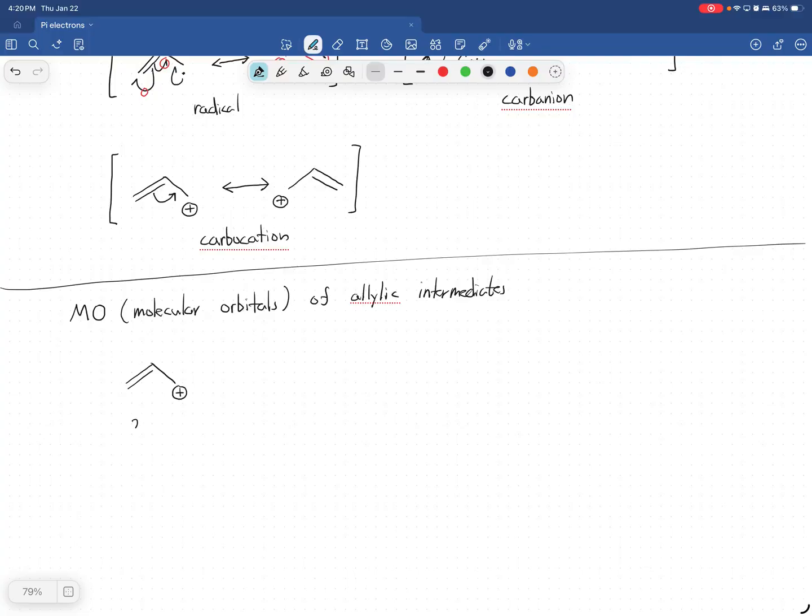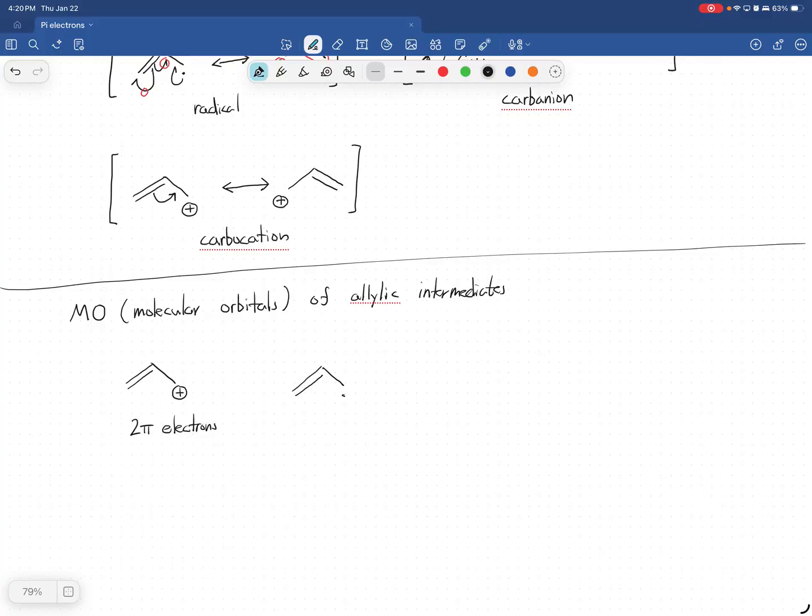So this is 2 pi electrons. The reason I bring this up is that soon we'll have to talk about something called aromaticity, and it has to do with pi electrons. Okay, so let's be comfortable counting pi electrons. Pi electrons are any electrons that are in a p orbital.